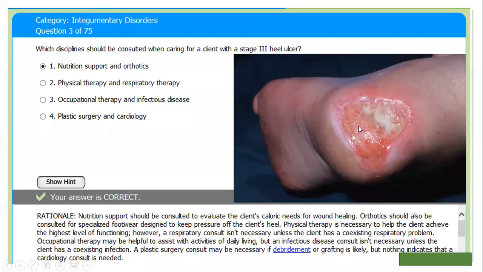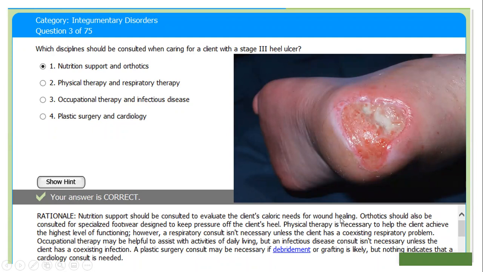So in this picture, we can see the ulcer on the heel. In a patient who has it, it is good to consult nutritional support and orthotics. The rationale said nutritional support should be consulted to evaluate the client's caloric needs for wound healing.